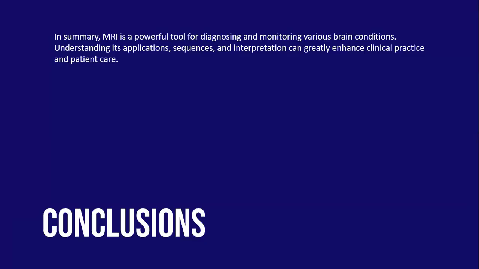Good. So in conclusion, I think we have tried to make some head and tail. In summary, we've talked about an MRI and how an MRI forms the images. We've talked about the advantages and disadvantages of MRI scans with a focus on the brain. We've discussed the various sequences of MRI and why they appear certain ways in terms of the intensities.